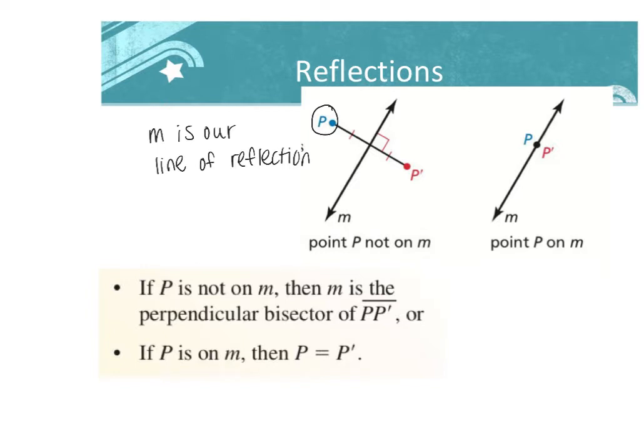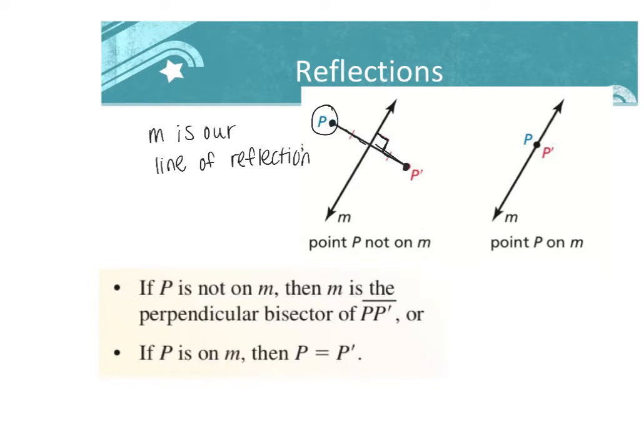So basically what this is saying is if P is not on our line M, then the line of reflection is going to become the perpendicular bisector. So it's going to split the distance between our point P and its reflected point into two equal parts, and it's going to be perpendicular to the line of reflection, which is M.